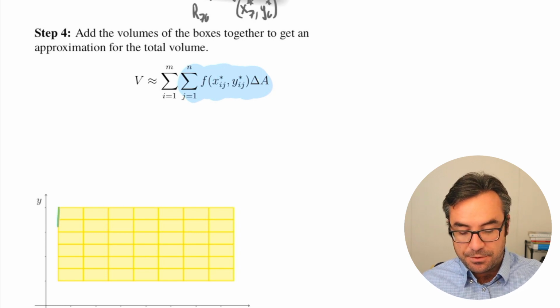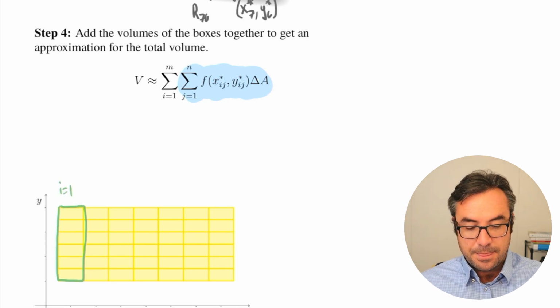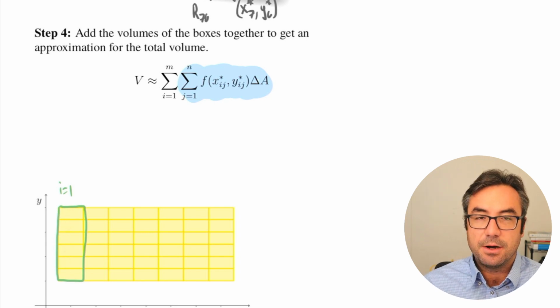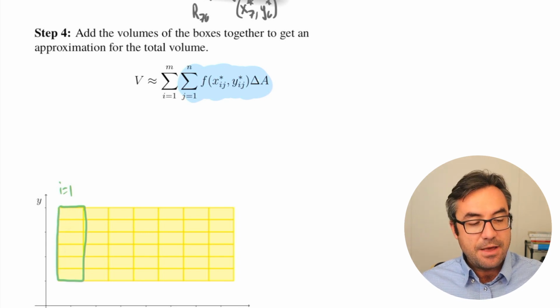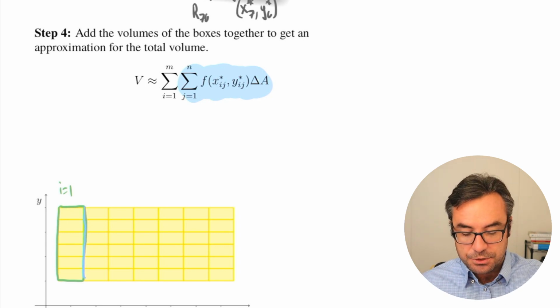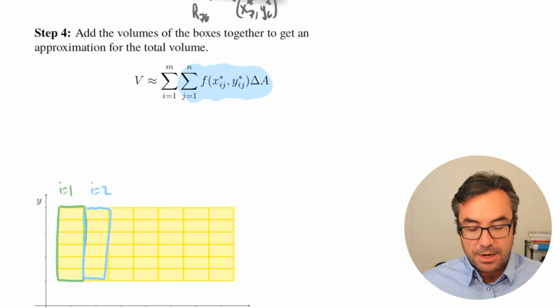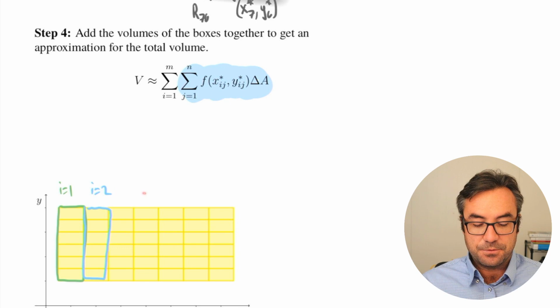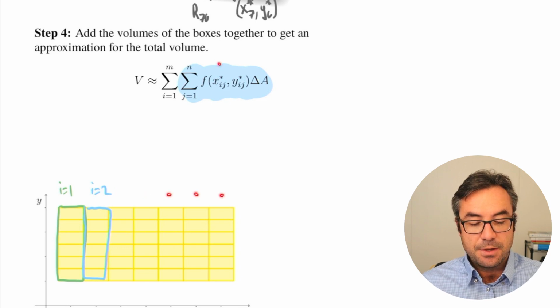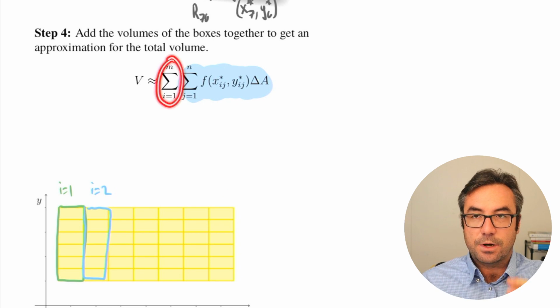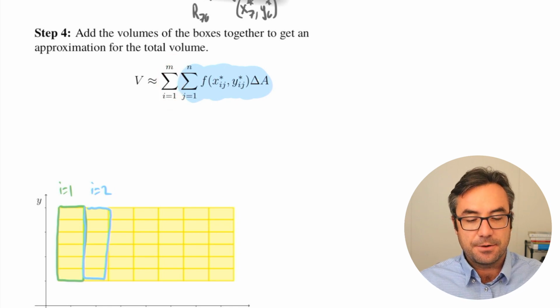So we would start with the i=1 column, add up the volume from each of the boxes that are sitting above each of those rectangles, and then we would go to the i=2 column and add all those up, and then we would repeat this process for i=3, 4, 5, 6, and 7. So we're adding up the volume in each column, and then we're adding all the columns together.